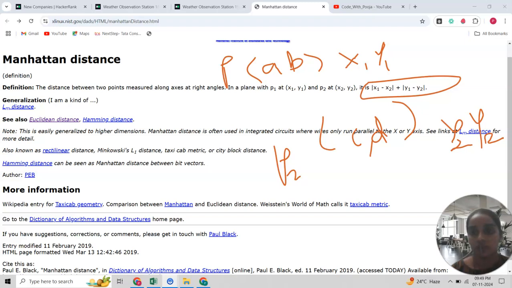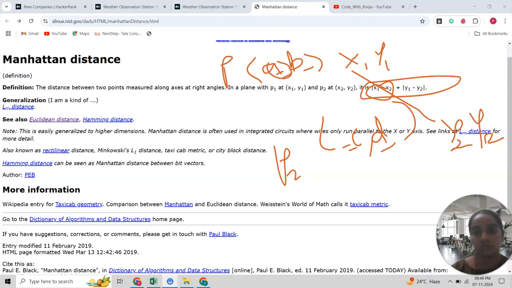So mod of x1 minus x2. Max minus min or min minus max will be equal because there is a mod. So max of longitude, min of longitude, max of latitude, min of latitude.